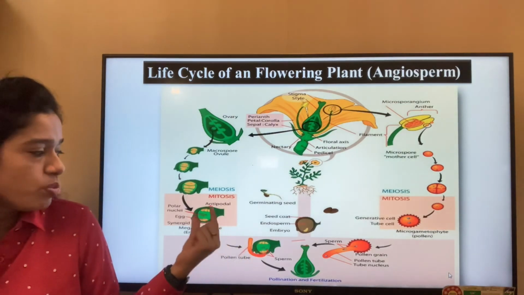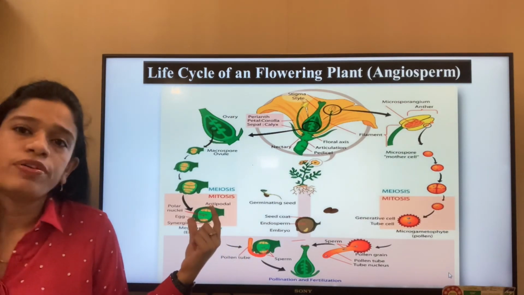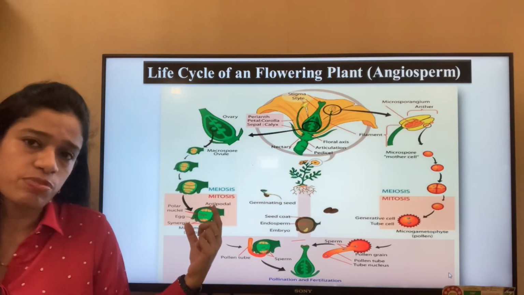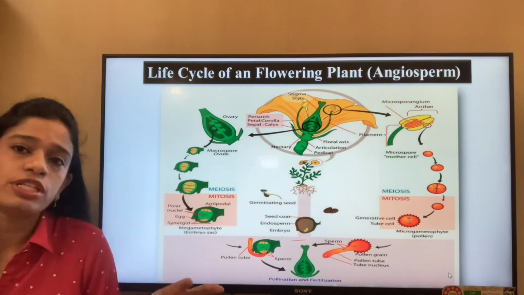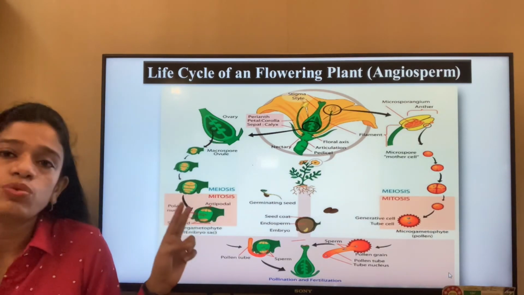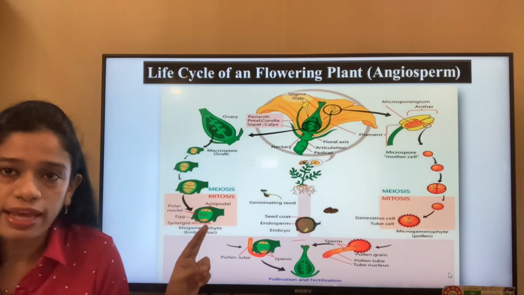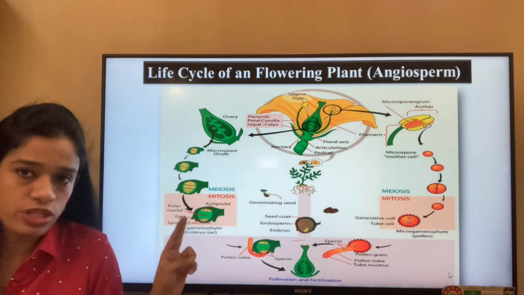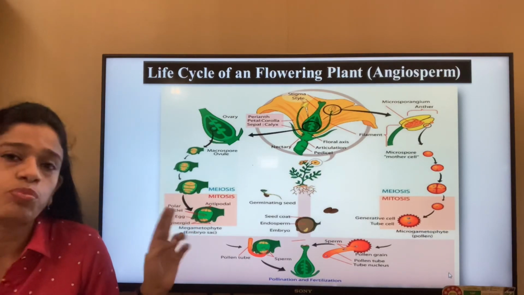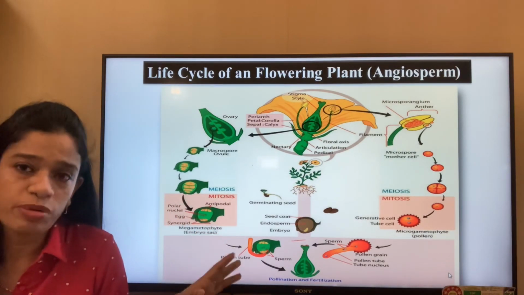This pollen tube reaches the ovary, or reaches the megagametophyte. On reaching this megagametophyte, the pollen has two nuclei. One of the nuclei goes and fuses with the egg, giving rise to the zygote, which is diploid in number, and the other nucleus fuses with the polar nuclei, giving rise to triple fusion.